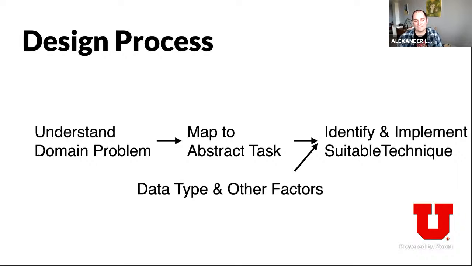But here's a slightly simplified way of thinking about this design process. First, you have to understand the domain problem, what it is that you're trying to do. Then you have to translate the domain problem to an abstract task analysis. We'll do an exercise a little bit later about this, but if you talk to, let's say, a physicist or a biologist and they want you to help with their domain problem, it's probably going to end up as something like, hey, I want to analyze correlation in this data set.